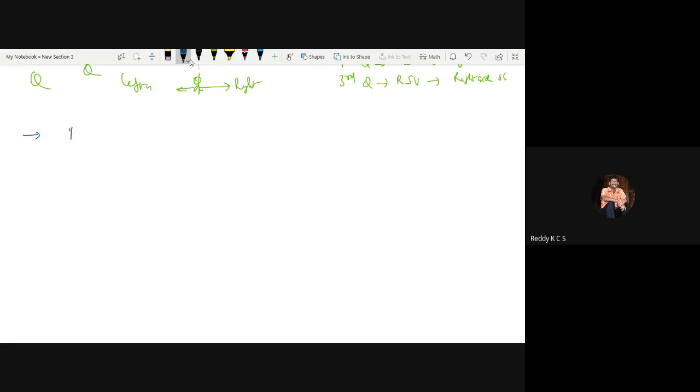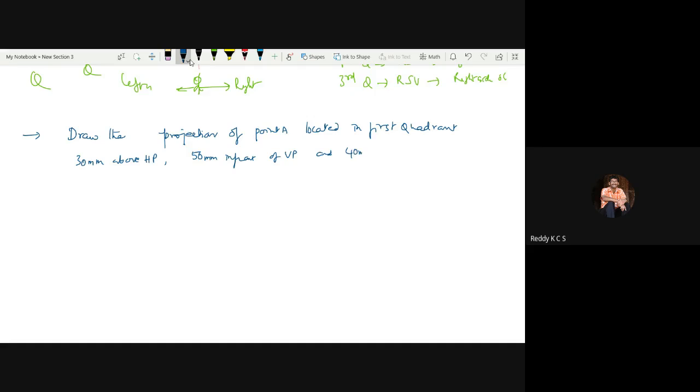Suppose draw the projection of point A located in first quadrant, that is 30 mm above HP, 50 mm in front of VP, and 40 mm from the right profile plane.